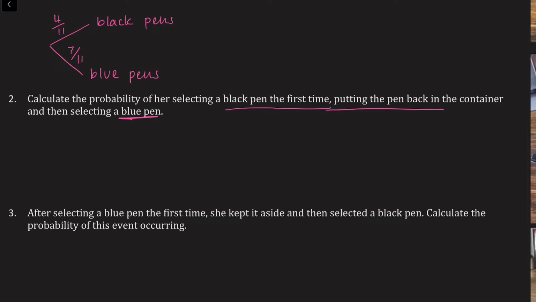Now by me putting the pen back in my container, it means that replacement has happened. So I'm going to write replacement has happened. And what this means for us is that the total number of pens that we can choose from has not changed. So I'm just going to write that down really quick.